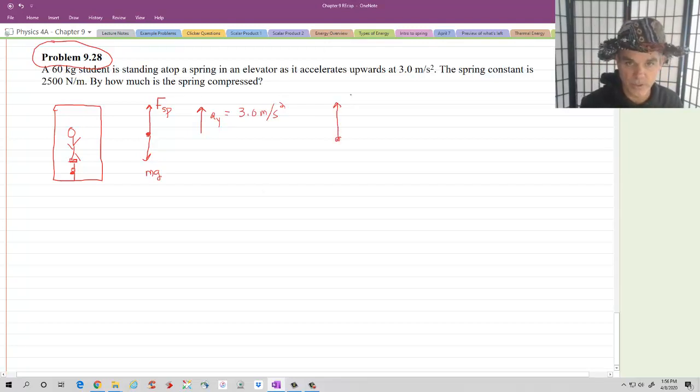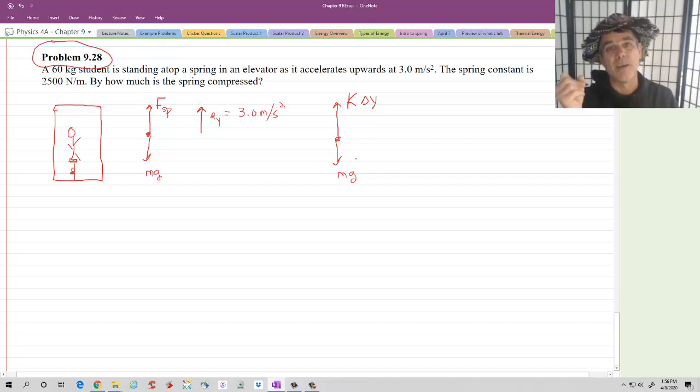The force that the spring is exerting upwards, I'm going to call K times delta Y, where delta Y is how much the spring is compressed, and mg. I am not using the minus sign in drawing a free body diagram because the minus sign just indicates that the force is in the opposite direction of the displacement.